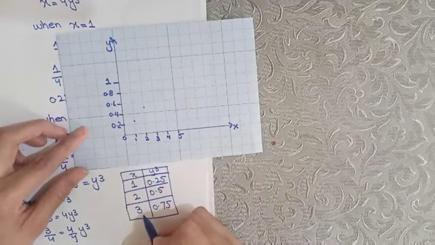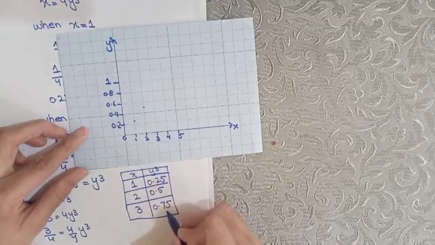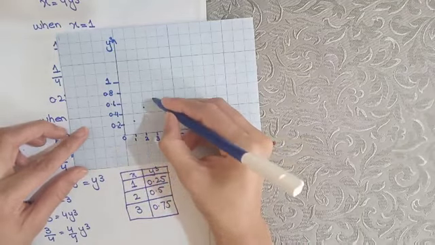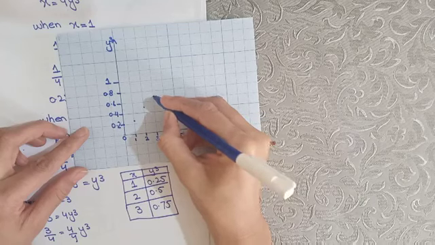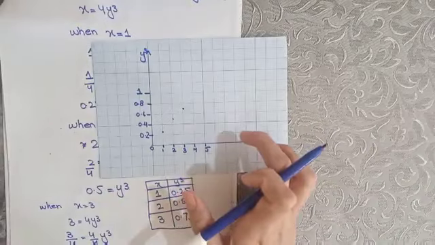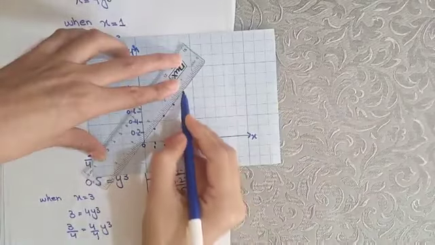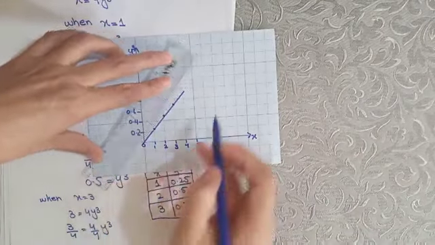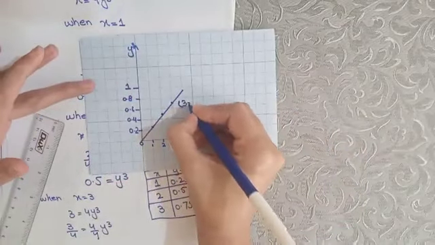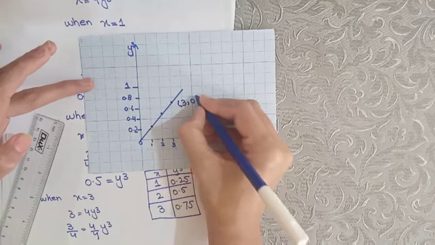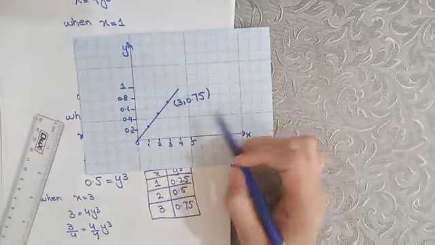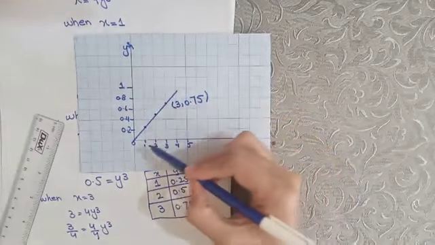When x is equal to 3, y cube is equal to 0.75, plot the dot. Now joining the dots carefully. Last point is x 3, y cube is equal to 0.75. This directly proportional graph is a straight line passing through the origin.